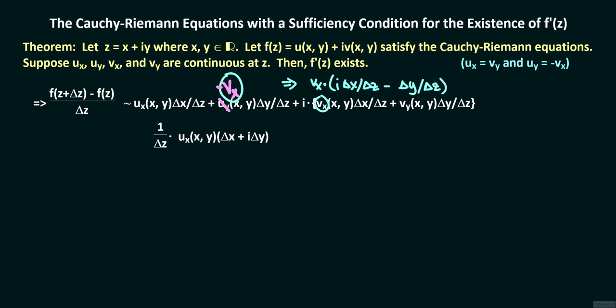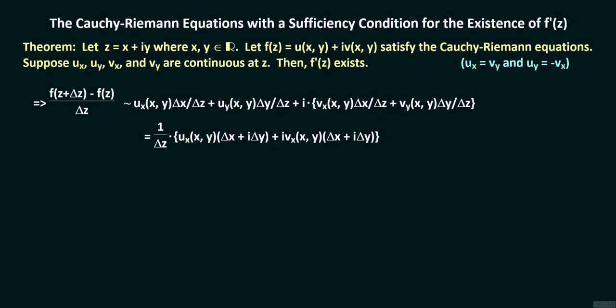We factor out i, and keep in mind that minus 1 equals i times i, so that after factoring out 1 over delta z, we rewrite the part with the v terms this way. Delta z is equal to delta x plus i times delta y, so that delta z cancels out.